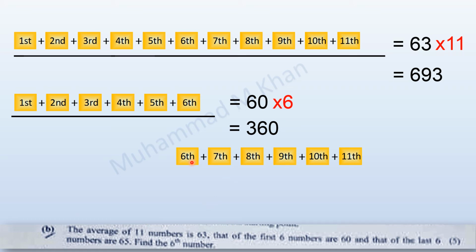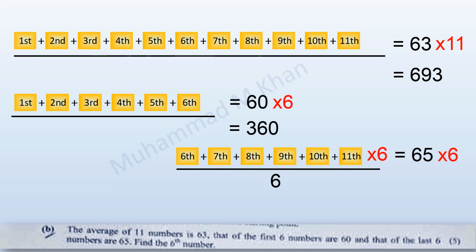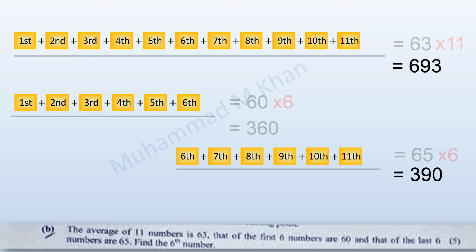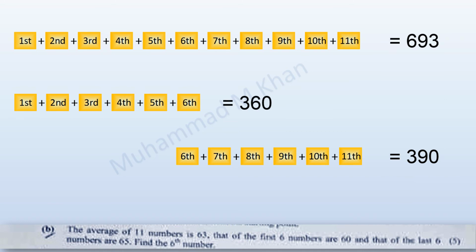So if the average of the last 6 numbers is 65, it means that the last 6 numbers were also divided by 6 and the result was 65. Repeating this step to eliminate 6 from the left hand side, we will get the sum of the last 6 numbers is equal to 390. So in this way, we have got 3 equations.